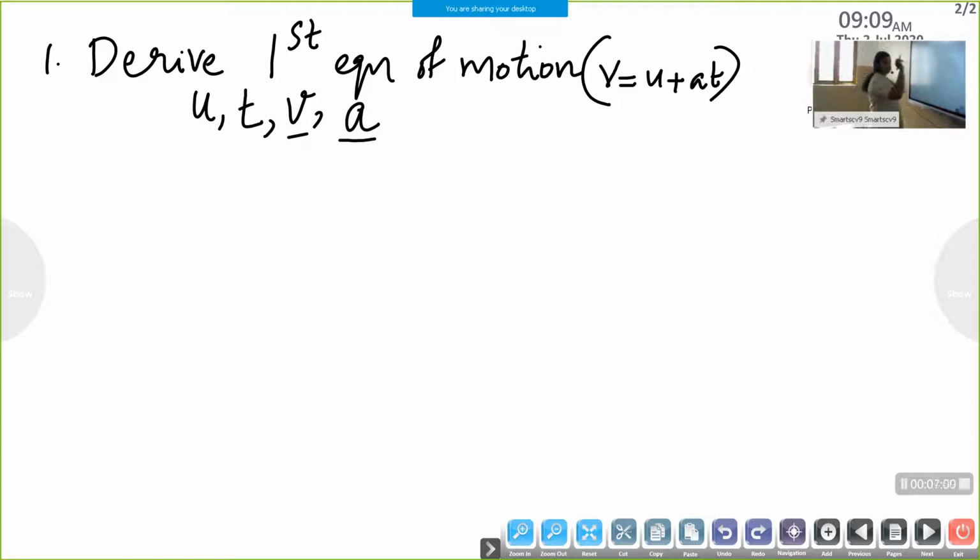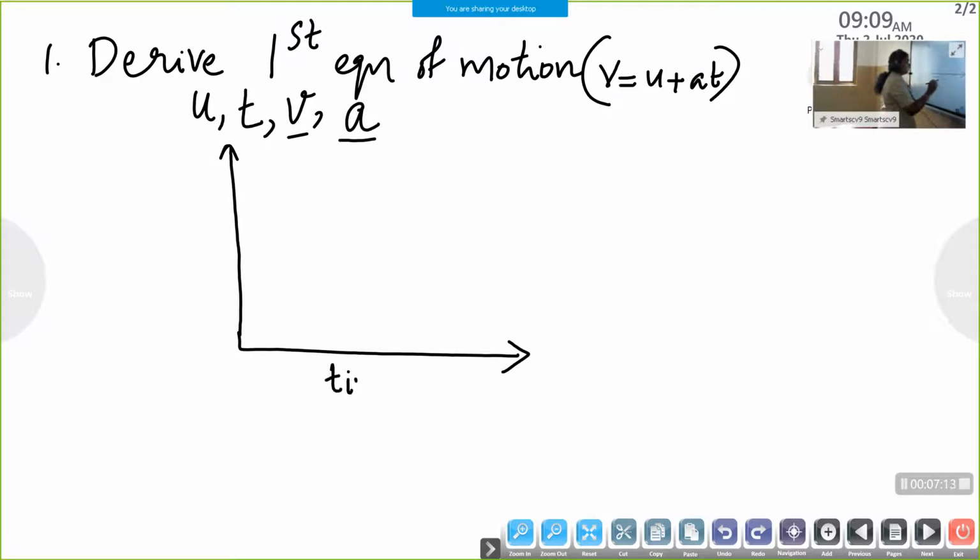I am going to draw the velocity time graph for that uniform motion. You know how to draw: time along the x-axis and velocity along the y-axis. This is the origin.